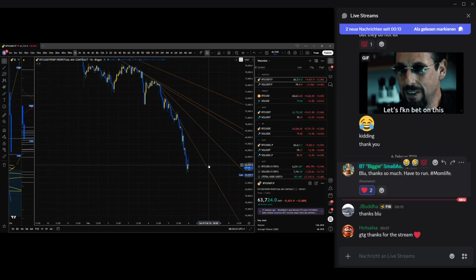Same as having the conviction between 60 and 62K and then hitting the long a bit earlier, thinking, yeah, they are a bit nasty sometimes, and they don't go to my targets most of the time immediately.